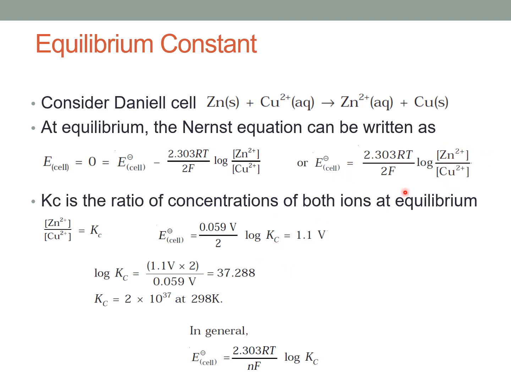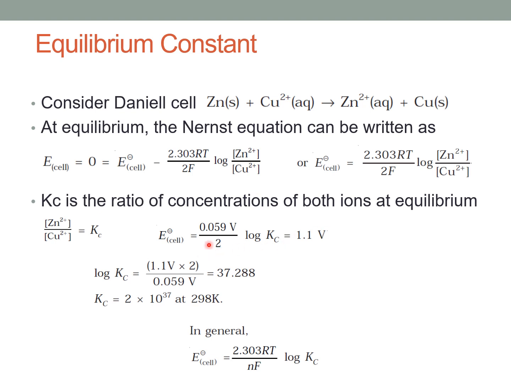So then this equation becomes E0 cell, that is the standard reduction potential of the cell, equal to, in simplified form, 0.059 volt by 2 log Kc. You know the standard reduction potential of the cell is 1.1 volts, because at unit concentration, that is the initial condition.